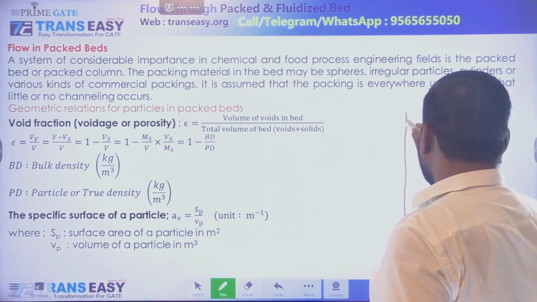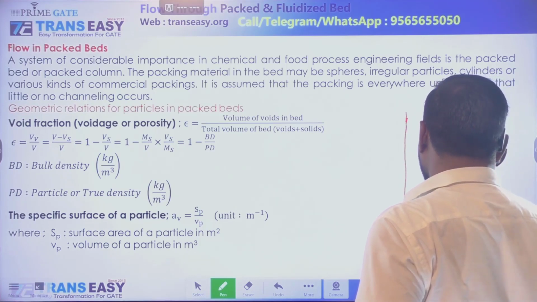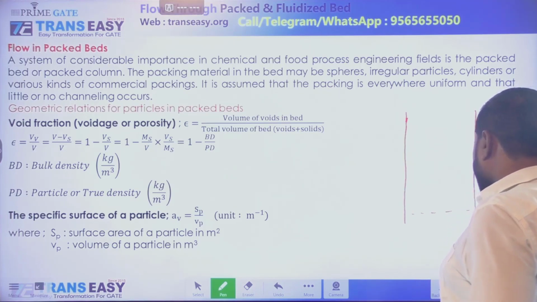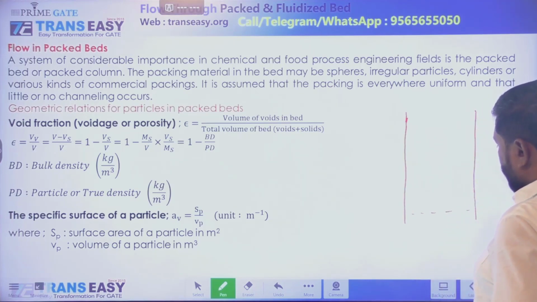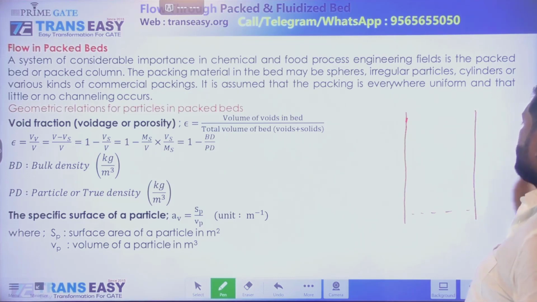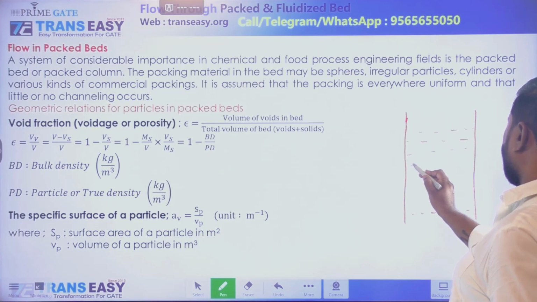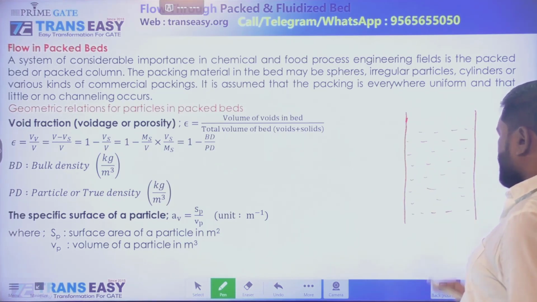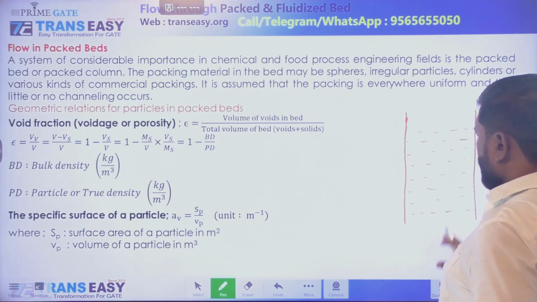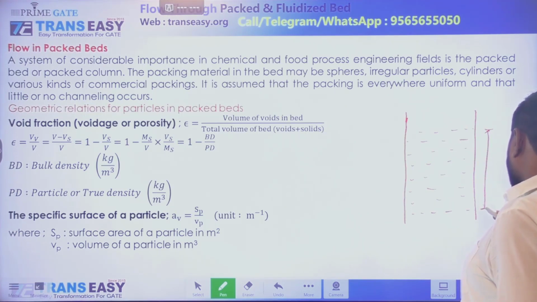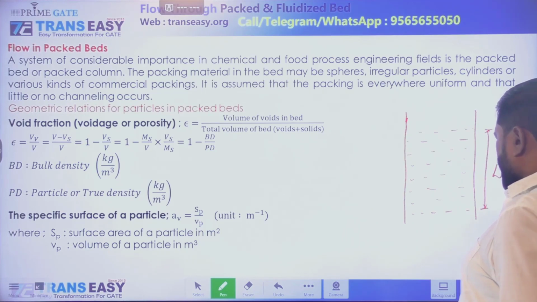We have a container, suppose it is a cylindrical container, and the bottom is perforated. There are several holes, right? Materials of any shape, spherical, irregular, cylindrical, are kept in this cylindrical container up to height L above the bottom.